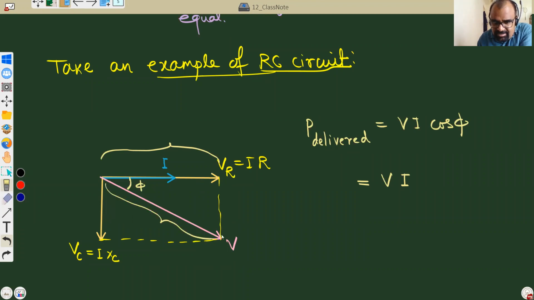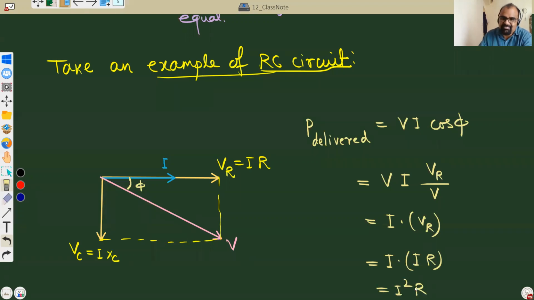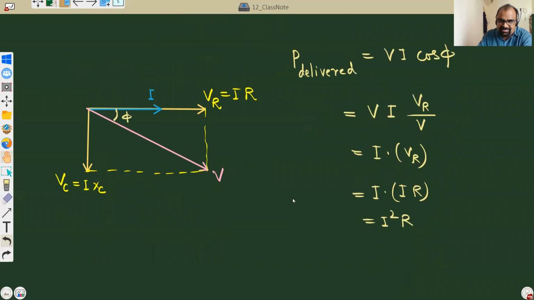Hypotenuse is from here till here in this triangle. So VR by V. So that means I into VR by V, V got cancelled. And you know VR is I into R. So I square R. And that's it, proven.